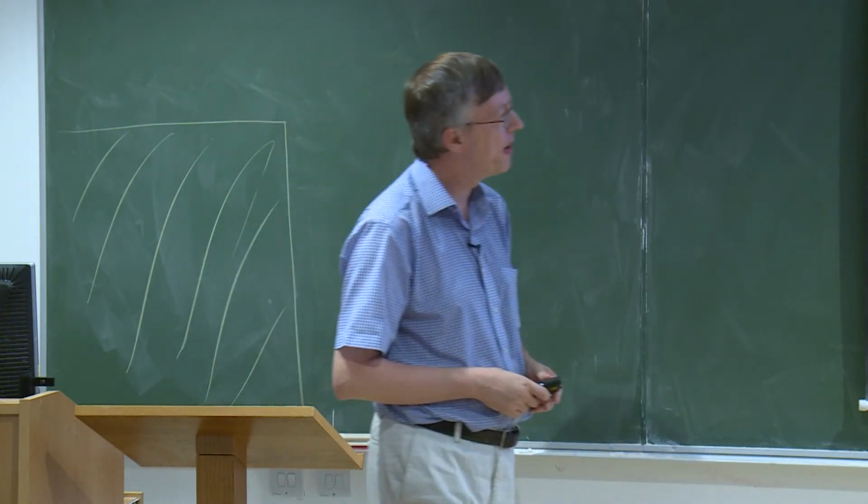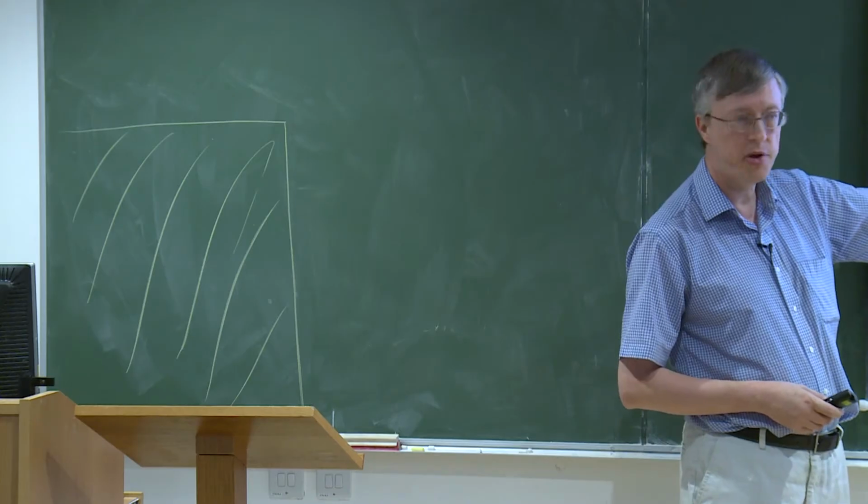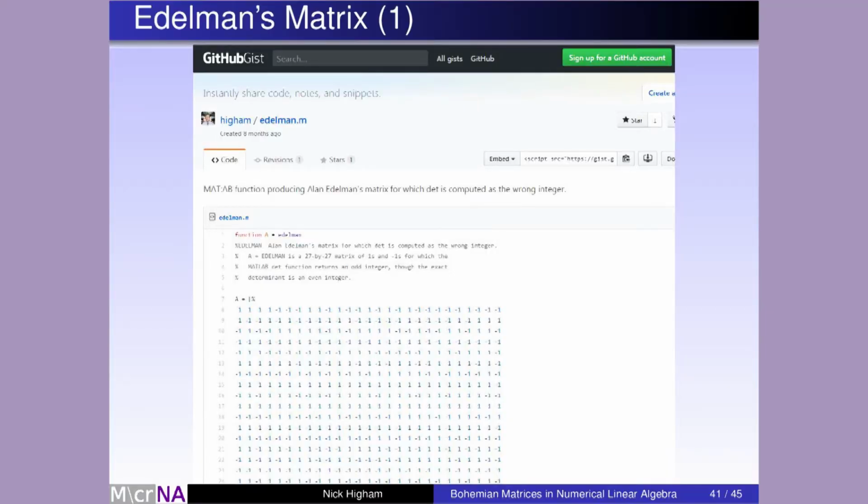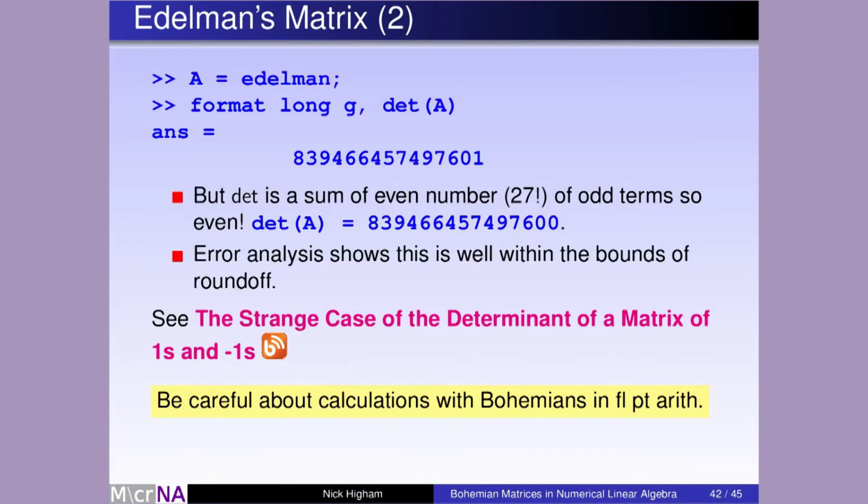Think of it that way, and we've got 27 factorial terms in the sum, and each term is a product of 1s and minus 1s. So that's an even number of terms, each an odd integer, and the sum must be even. By that argument, the determinant is even, whereas we've got an odd determinant. So this is the wrong answer. You might have thought that was correct, but it's actually wrong. It should be a 0, not a 1 as the last digit.